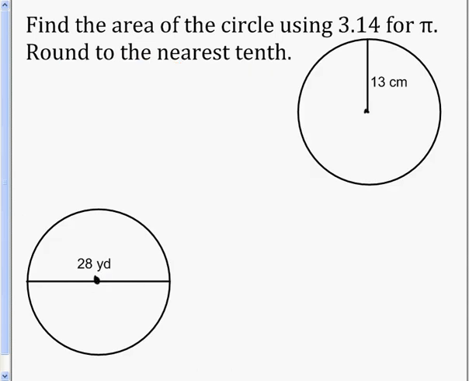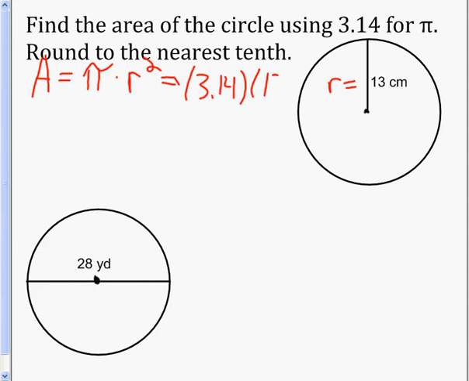Moving on here, finding the area of the circle using 3.14 for pi. Again, we're rounding to the nearest tenth. We have 13 centimeters here. Notice it's only going halfway across, so radius equals 13 centimeters. Area equals pi r squared. Remember, Fuzzy Wuzzy was a bear. Let's fill in what we know. 3.14 times 13 squared. 13 times 13 is going to be 169 times 3.14.